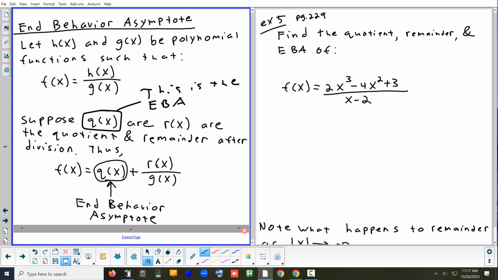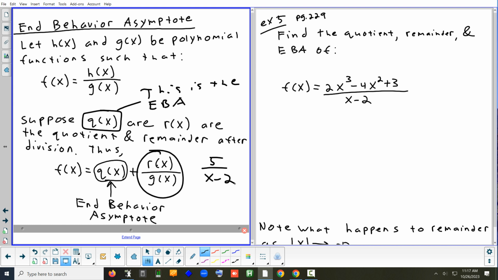Think about what's going to happen to this as x gets bigger and bigger and bigger. Right? If you have a remainder, like in this case, when you divide this out, you're going to get a remainder that's a number. I don't know what the number is. We're going to do it. But let's say the remainder was 5. What's the original denominator in that problem? X minus 2. So let's say the remainder comes out to 5, and the original denominator is x minus 2.